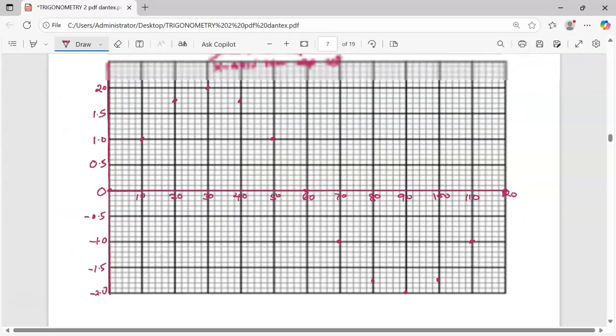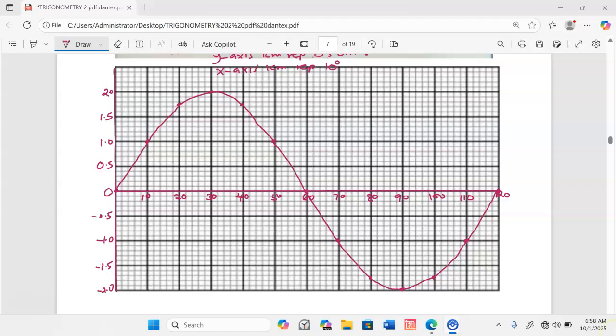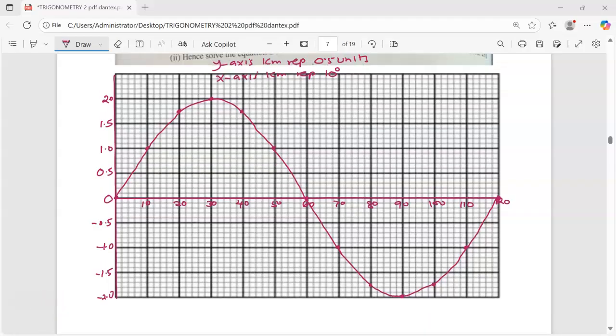Once we have done that, now we can join all these points for us to get our curve. This is our curve. It is always important that once the curve is drawn, we label it. This is our curve, which is y is equals to 2 sin 3x.